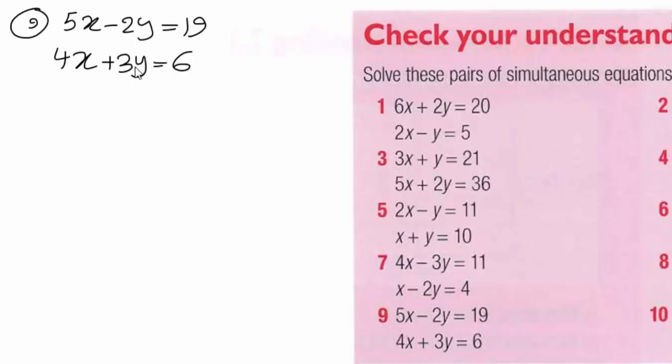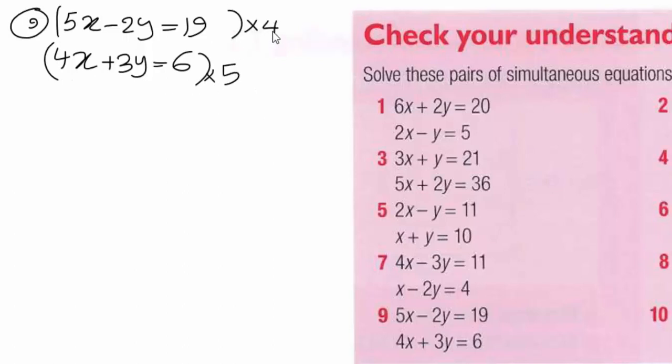Then which one is easier to be the same? Usually equalize the positive ones. That's easier. Then 5x and 4x, we can make both of them 20 by multiplying this equation by 4. Multiply this by 4 and multiply this one by 5.